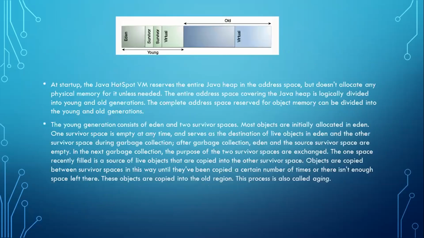Thank you. Once the Eden space is full, it would invoke a minor GC. The minor GC will detect the reachable objects and copy them into survivor space 0.